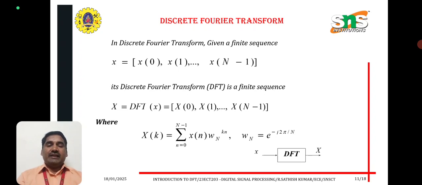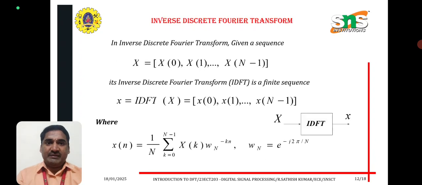Therefore X of k is equal to summation n equal to 0 to N minus 1, x of n into W_N to the power kn, where W_N represents e power minus j 2 pi by N. Therefore, summation n equal to 0 to N minus 1, x of n into e power minus j 2 pi kn divided by capital N. When we give small x to the DFT, it produces the output capital X. Small x represents the time domain, capital X represents the frequency domain.